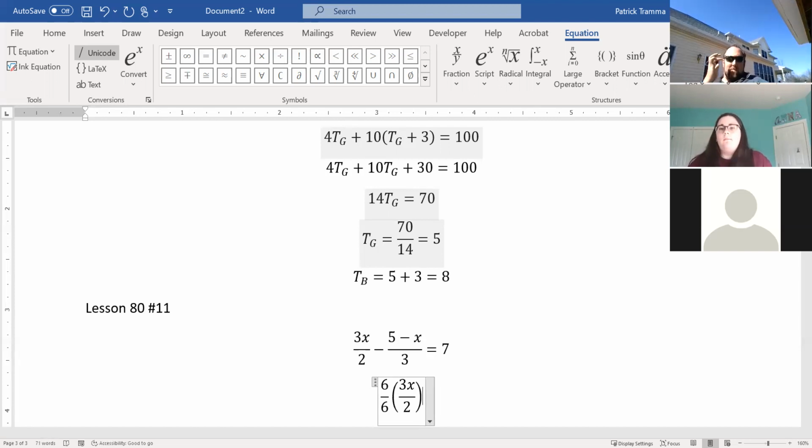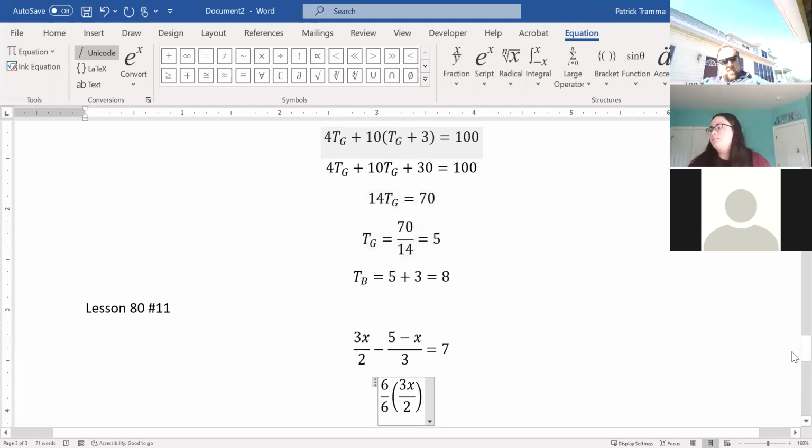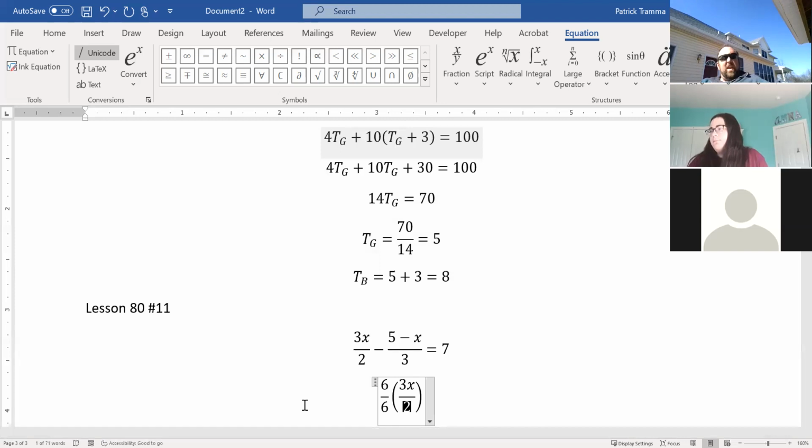So what's 3/2 times 6/6? 18/12. That'd be 18x over 12. But what we can do is reduce this first, because this 2 can cancel into both of these. Oh, no, I take it back.